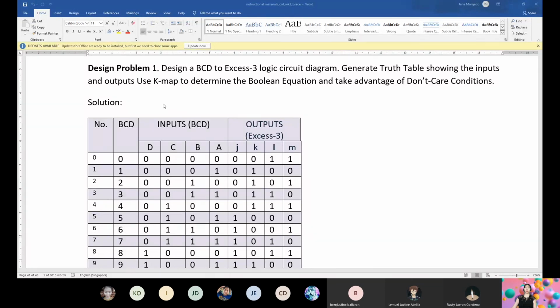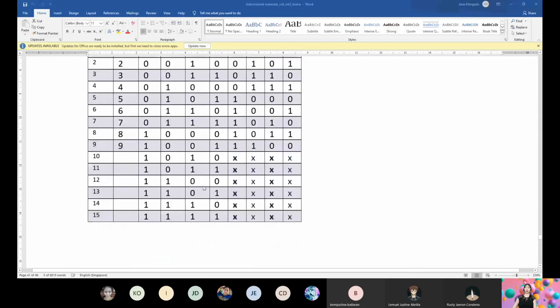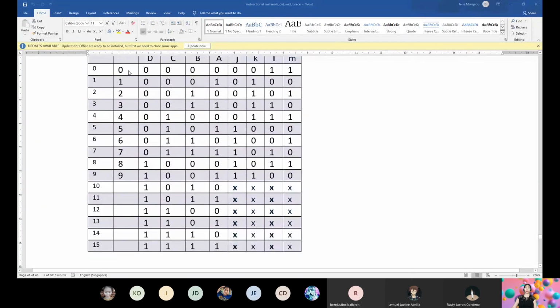Since BCD represents decimal 0 to 9, after 1001 you have 4 bits in binary, so possible combinations from 0000 to 1111, for a total of 16 combinations, because 2 raised to 4 is 16. However, you only need 10, that is 0 to 9.